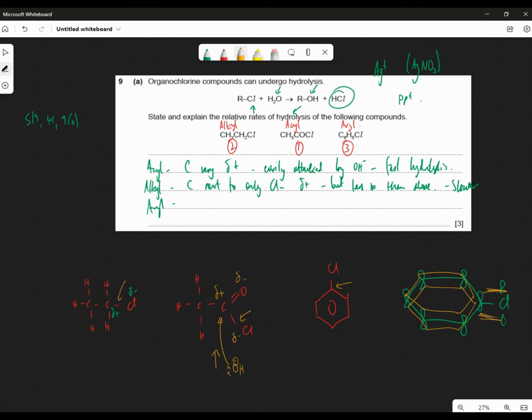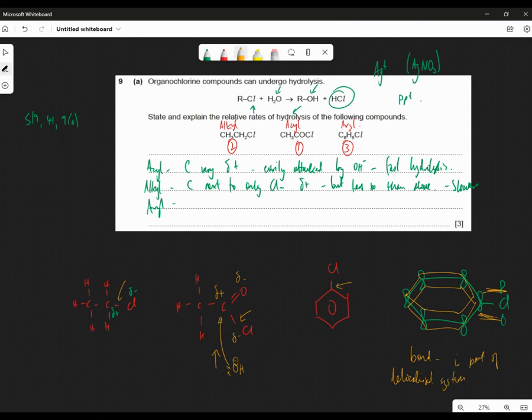Now I'm looking at the answer scheme here. They say the bond is part of the delocalized system. I'm reading straight from the answers because sometimes you need their briefness. That's a nice way of putting it.